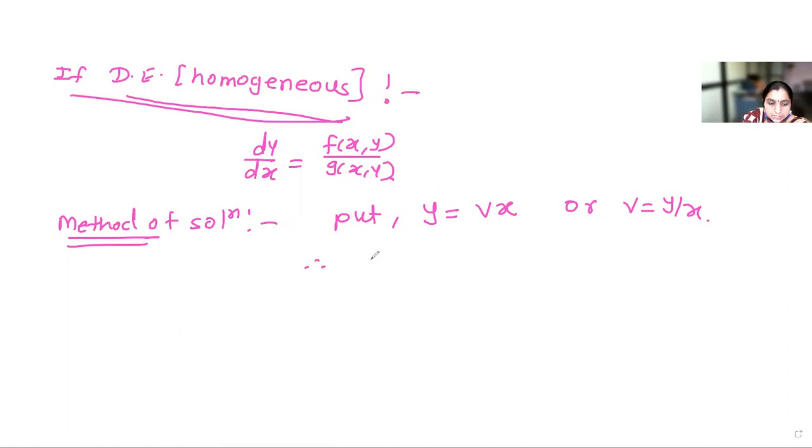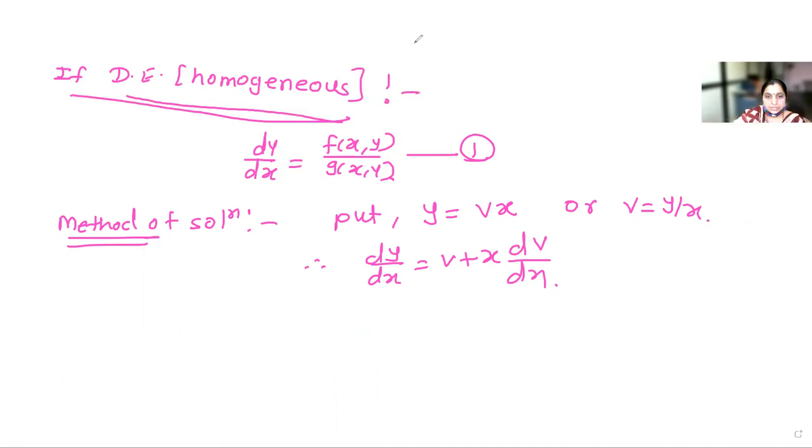If you take the differentiation of y is equal to vx, dy by dx becomes v plus x dv by dx. If we use this substitution in the given equation 1, that homogeneous differential equation is converted into variable separable form, and easily we get the answer.